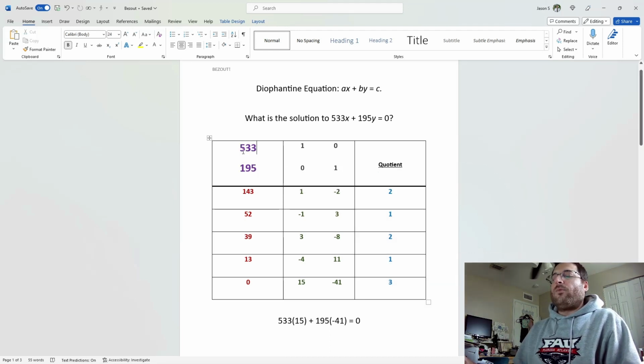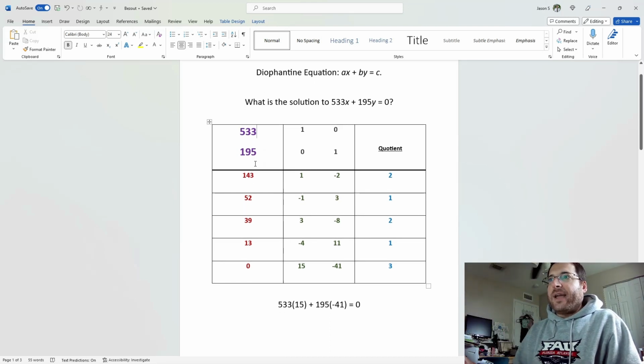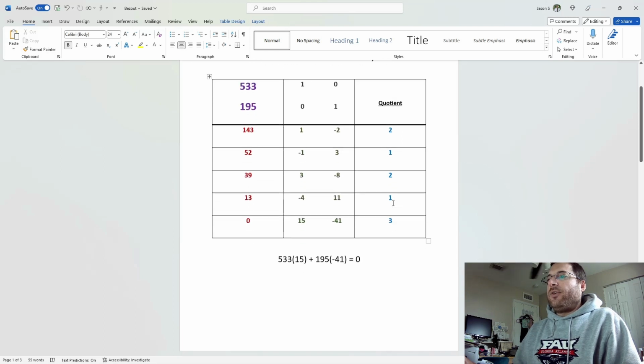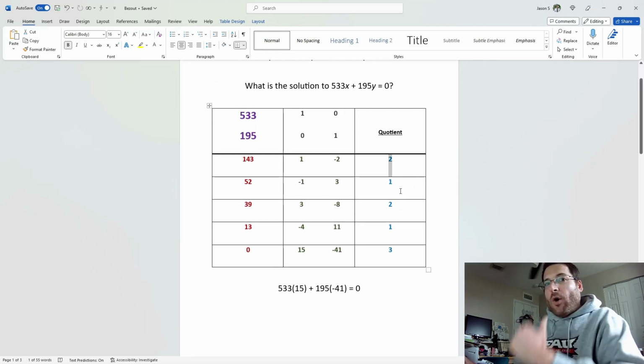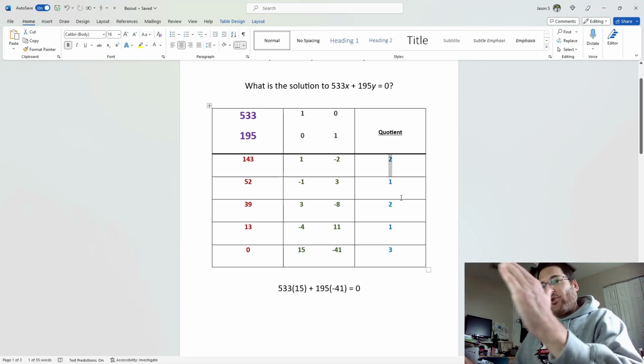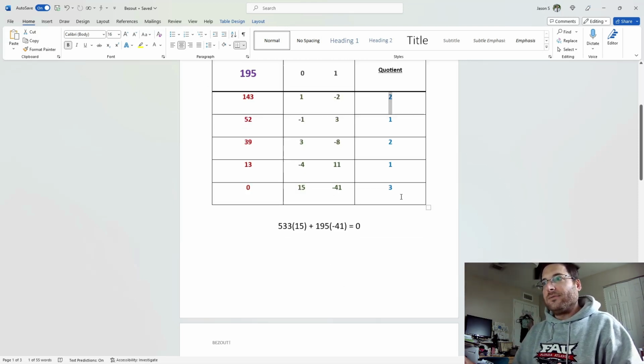So, for instance, 533 divided by 195 is going to be equal to the continued fraction 2 plus 1 over 1 plus 1 over 2 plus 1 over 1 plus 1 over 3.